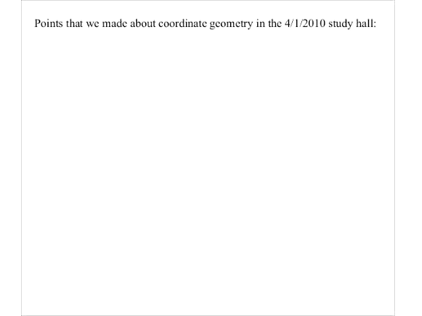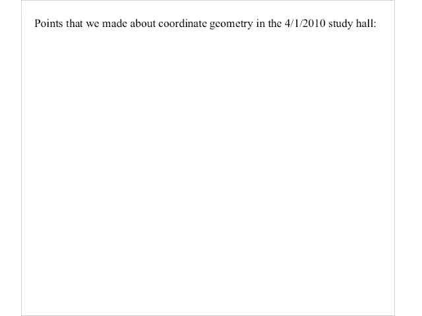Let's go ahead and get started. What I want to do first is to review some points that we made about coordinate geometry in the April 1st, 2010 study hall. So I'm going to just go ahead and import a graphic from that particular session.